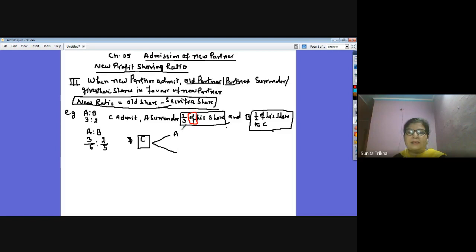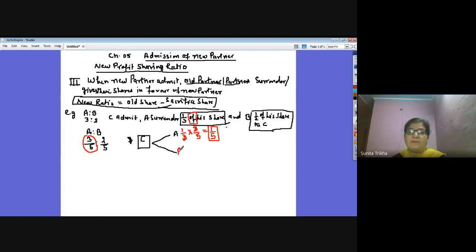Means A surrender 1/3 of his share, A's share is 3/5. So it means he is giving 1/5 share to C. So this is the sacrificing share of A.